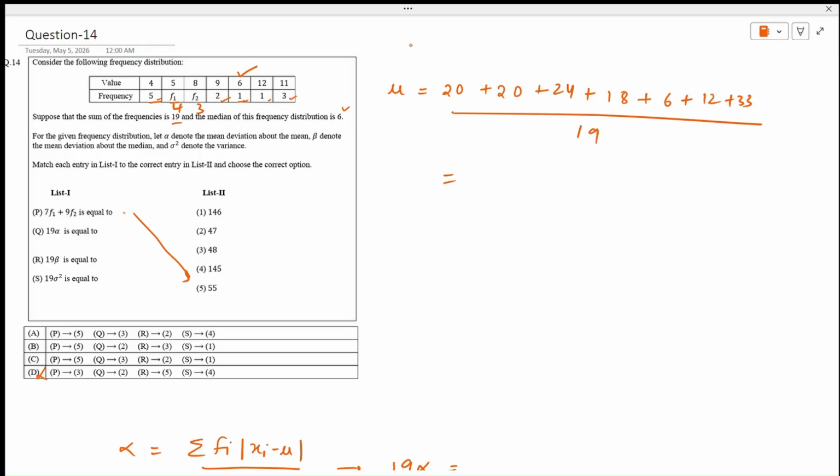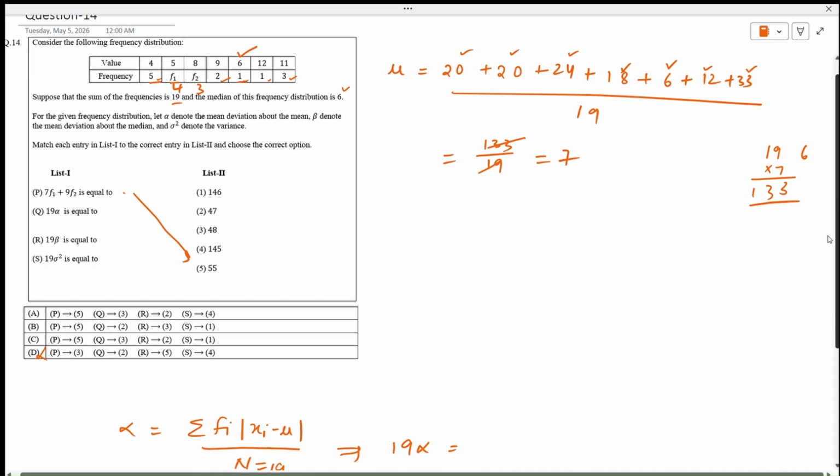So this is 40, 64, then 70, 70 plus 30, 100, 133 upon 19. 19 sevens will get 133. So mu, the mean, is 7 here.